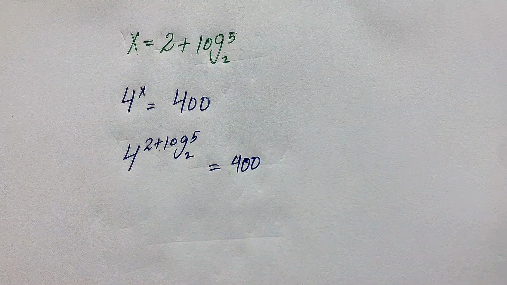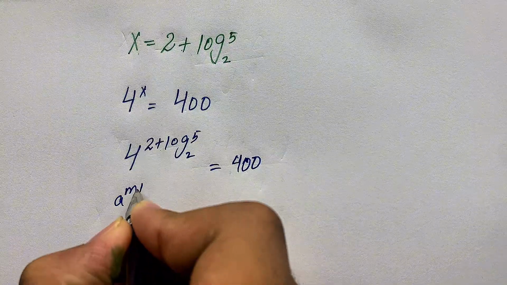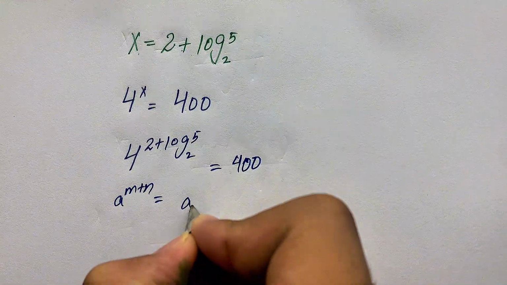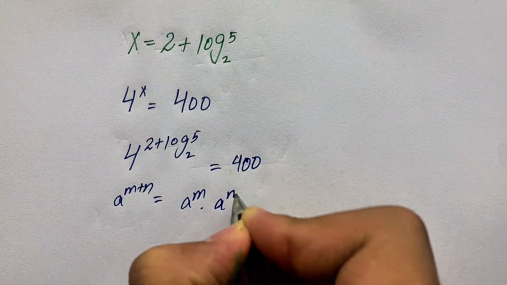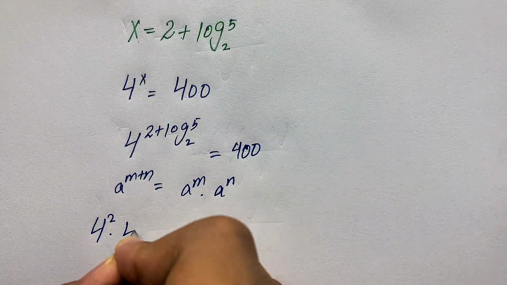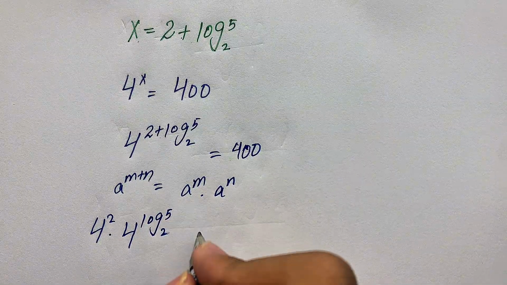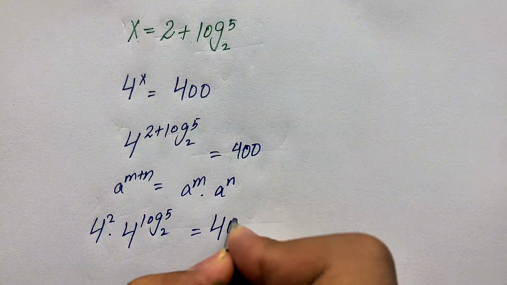Now in the next step, after using this formula, a^(m+n) is equal to a^m into a^n, we get 4 to the power 2 into 4 to the power log of 5 base 2 is equal to 400.